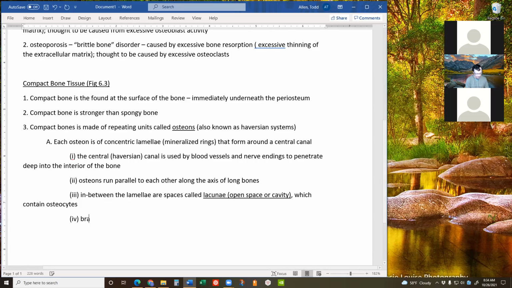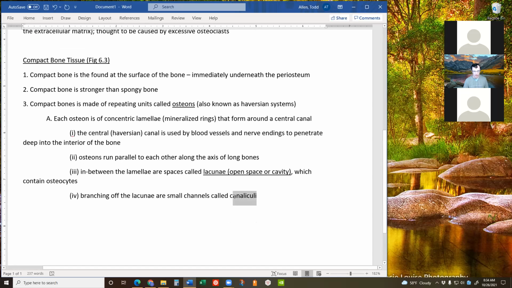So branching off the lacunae are small channels called canaliculi. That's another good vocab word here, so let's underline it.